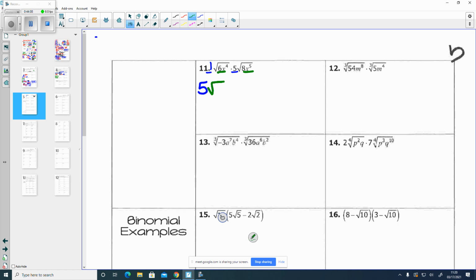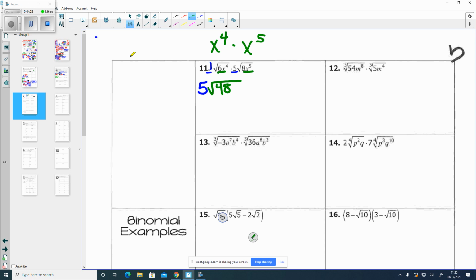On the inside, I have 6 times 8, and then I have x to the 4th times x to the 5th. What do I do when I multiply? Good, I add the exponents.